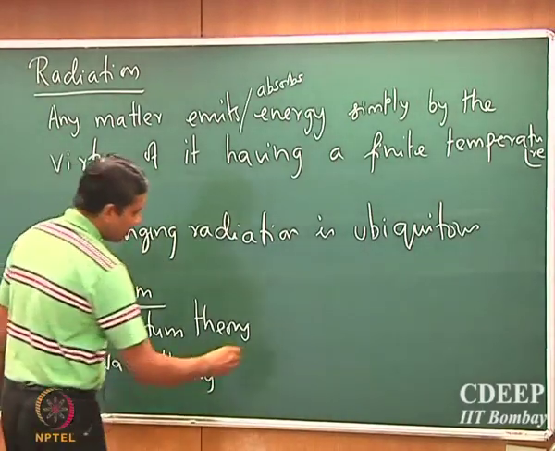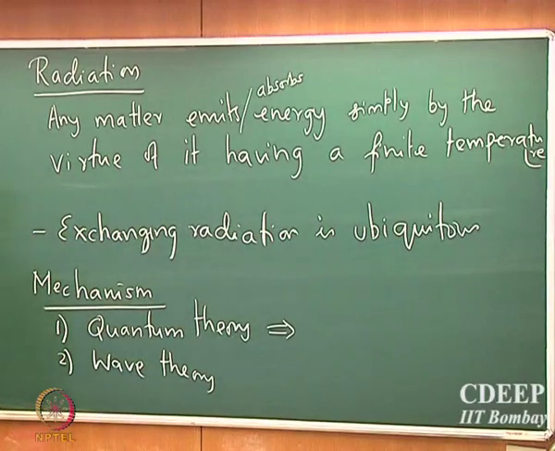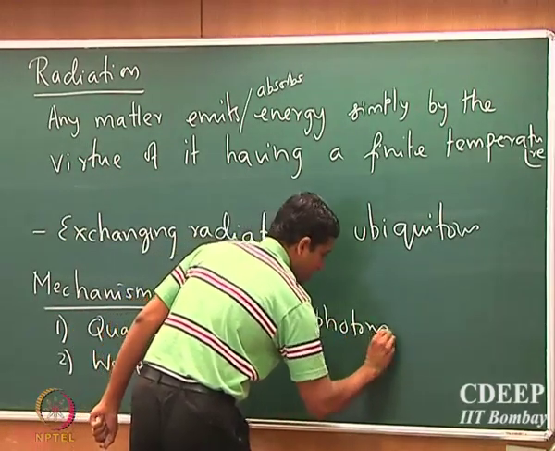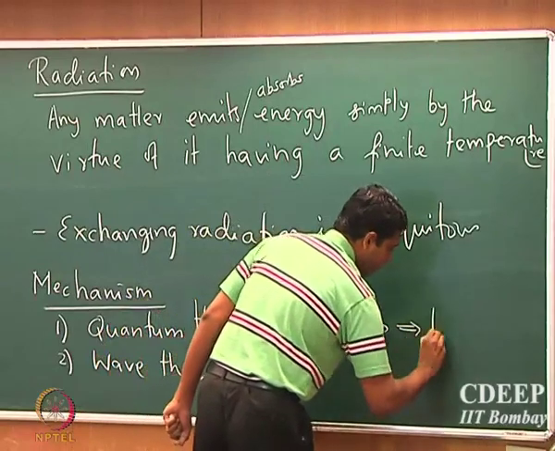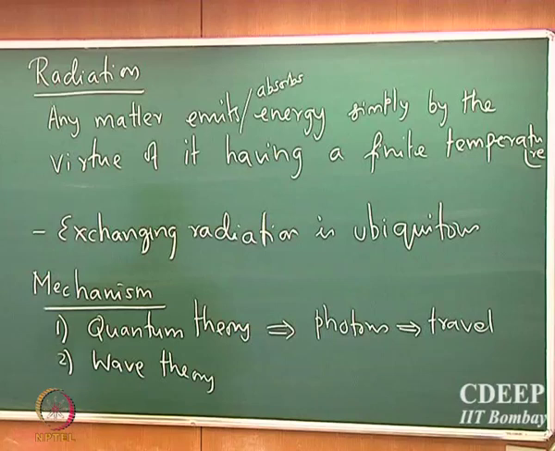The quantum theory, again, is a postulation. It's believed that the object, because of its temperature, emits quanta or photons, and these photons travel, and when they hit the other object they leave their energy, and that's how energy is transmitted from one object to another.